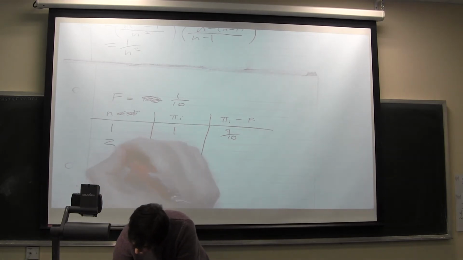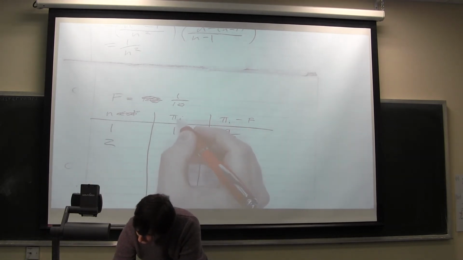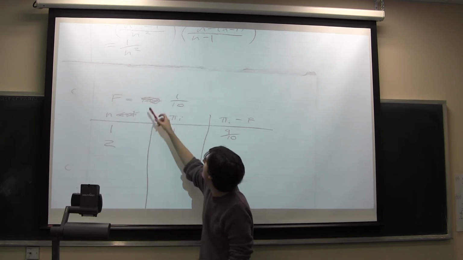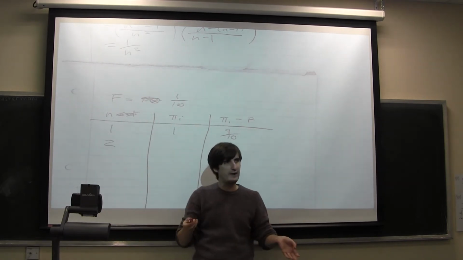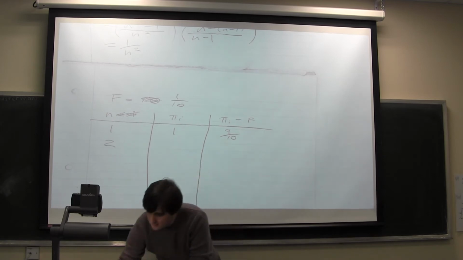What about if two firms entered? Well, in that case, pi I is 1 over 2 squared, so 1 over 4.